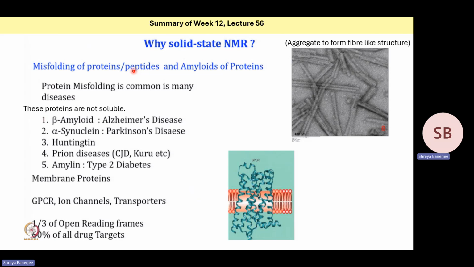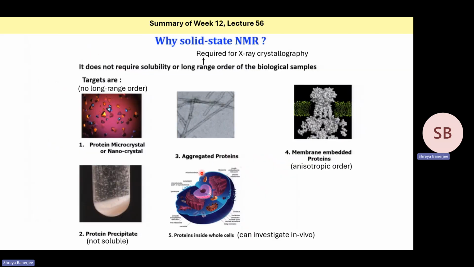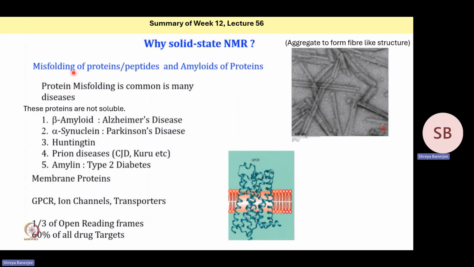Let us look at these aggregated proteins in more detail. One thing is that protein misfolding is common in many diseases. We studied the folding pathway of the protein, or the folding funnel.